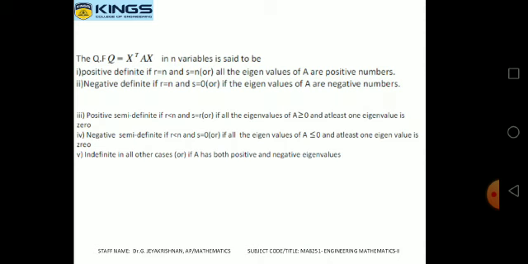In the same way, negative semi-definite is when all the eigenvalues are negative with at least one eigenvalue 0, that means 0, minus 2, minus 3 or 0, 0, minus 3. The last one is indefinite. Indefinite means the given matrix contains both positive and negative eigenvalues. For example, minus 1, 2, 3 or minus 1, minus 2, 3.